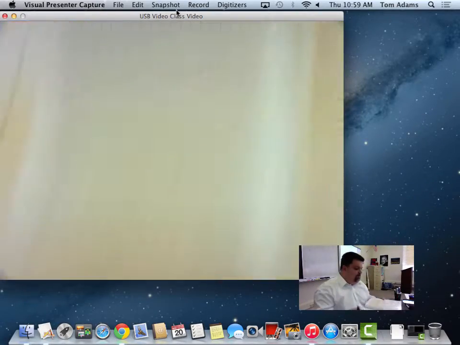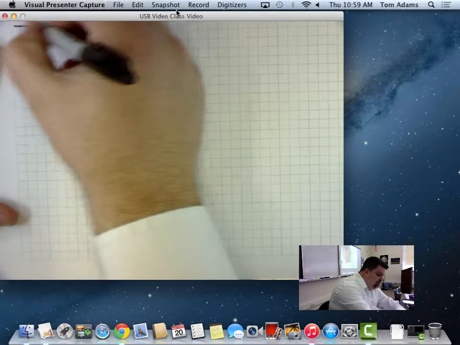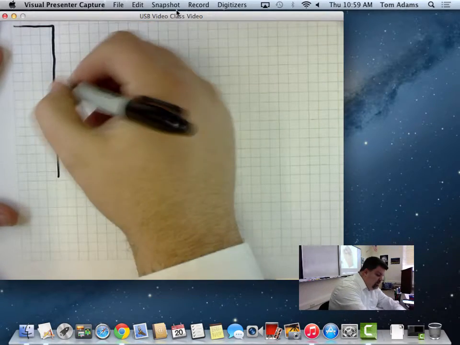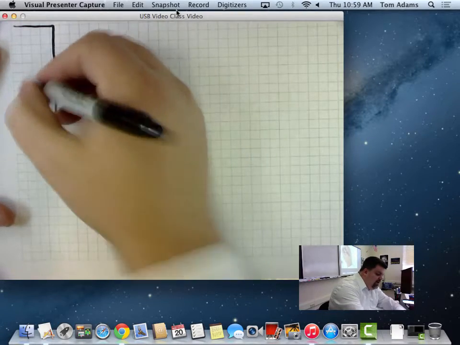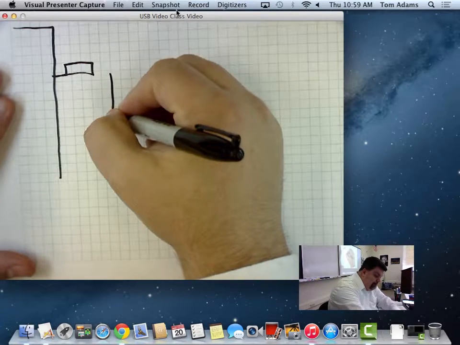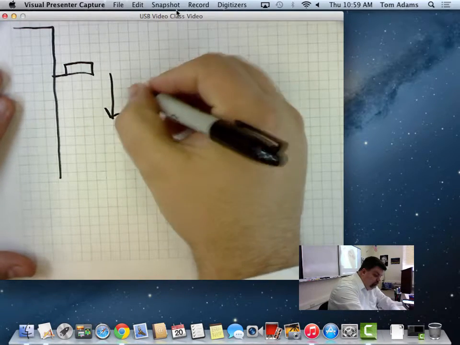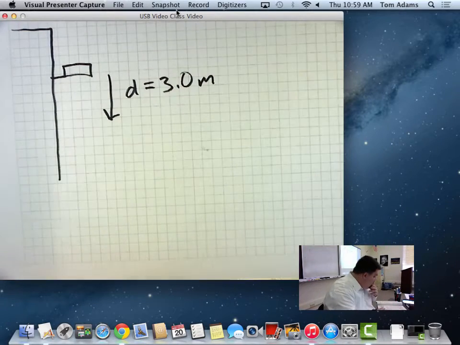So let's set this up, all right? She's in a building, and she's got her hand, and here is the little book. The total displacement is equal to 3 meters, all right?